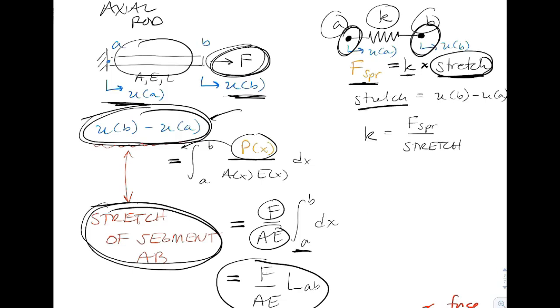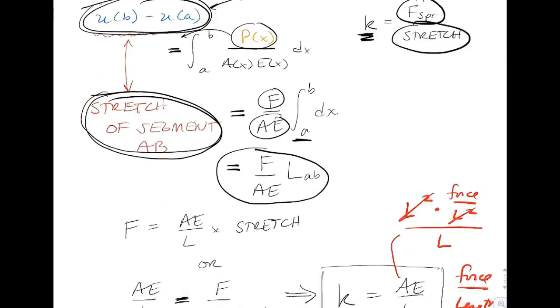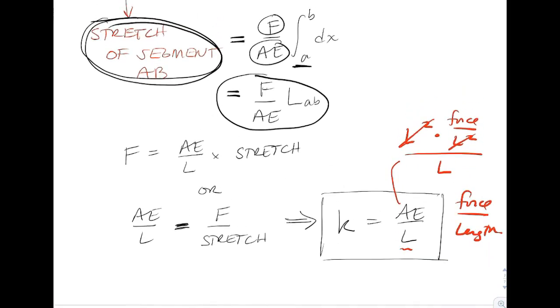The stretch would be equal to the movement of B minus the movement of A. So the stiffness of that spring would be equal to the force in the spring divided by the stretch of the spring. If we shuffle that around a little bit, force is equal to a stiffness times the stretch, and that stiffness becomes AE over L.